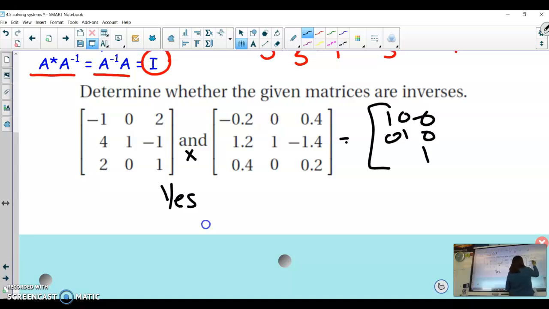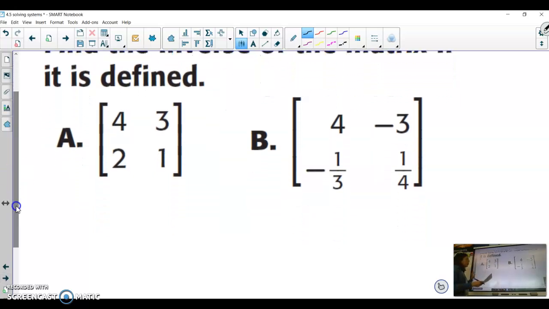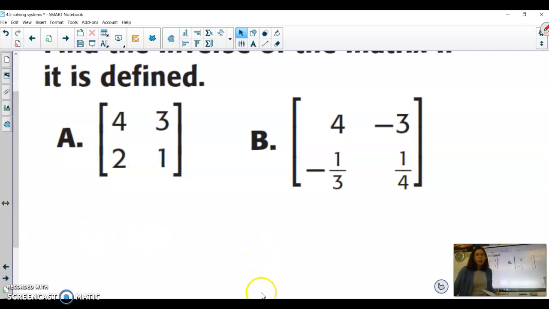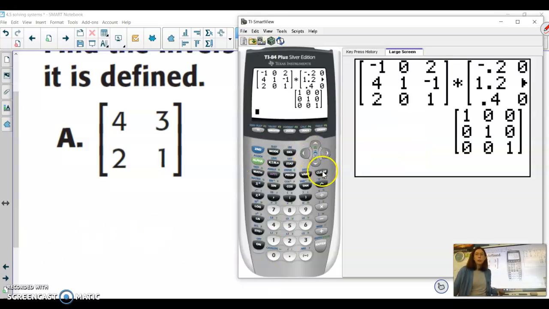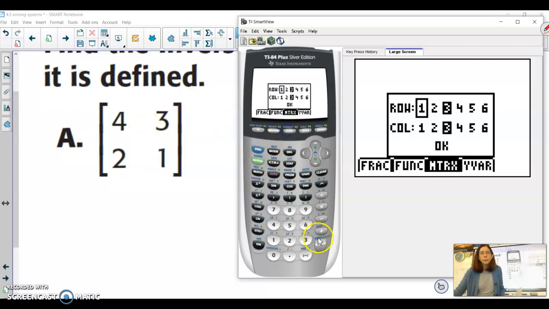Okay, now we need to know, well, how do you find a matrix inverse if it is even defined? So on our calculators, I would like you to go through this with me. So if you could please grab your calculator. We are going to put in this first matrix, and so I'll go to Alpha Zoom. I need a 2 by 2 this time.